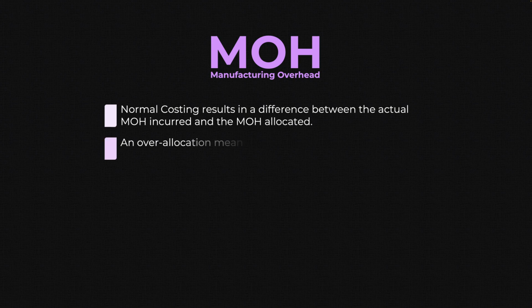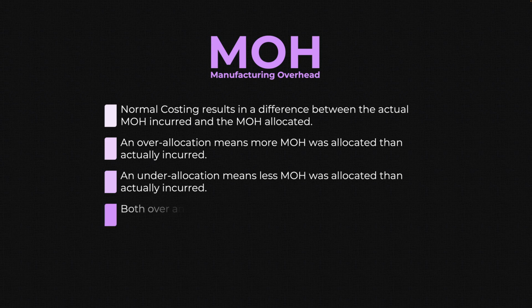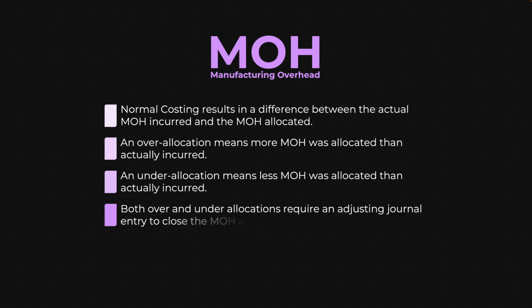An over allocation means more MOH was allocated than actually incurred. An under allocation means less MOH was allocated than actually incurred. Both over and under allocations require an adjusting journal entry to close the MOH accounts correctly.